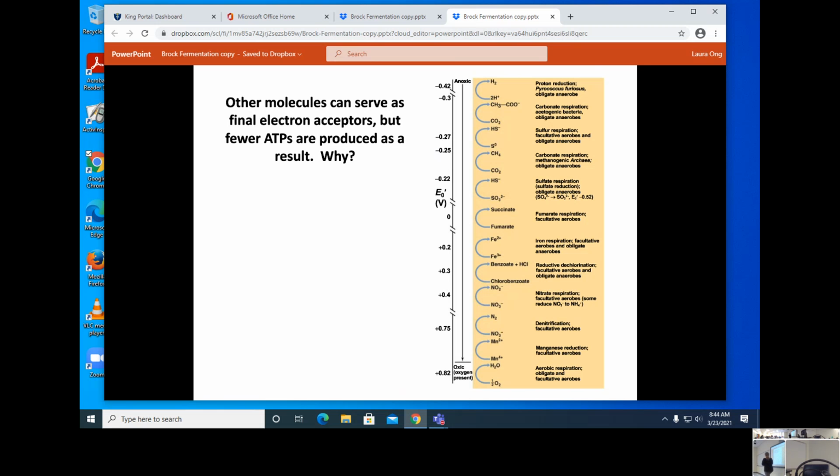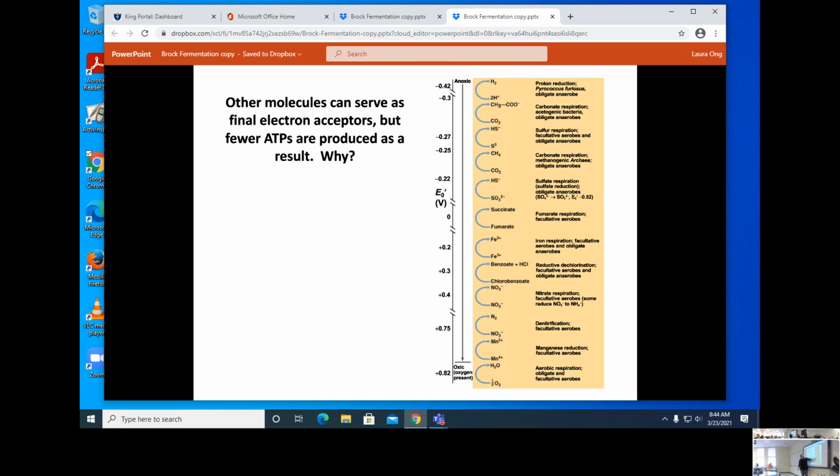So everything that's at the bottom of the arrow on this chart is the oxidized state, which makes it an electron acceptor. So the oxidized state, when it picks up electrons, will become reduced. So each one of these little arrow teams is a redox couple.